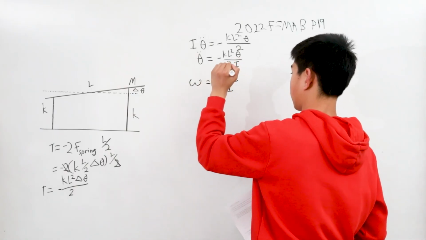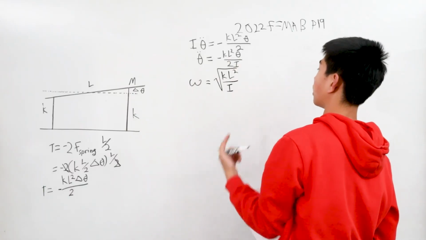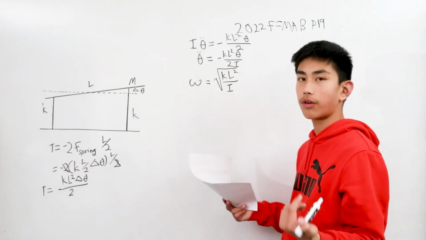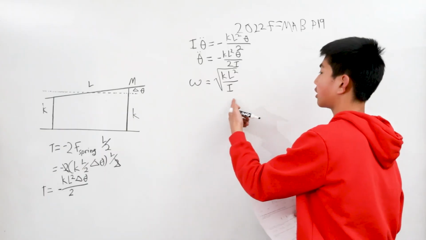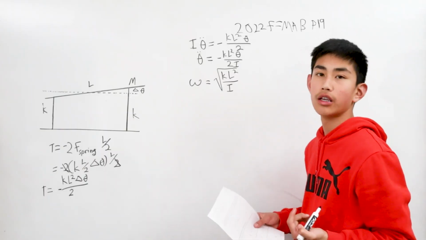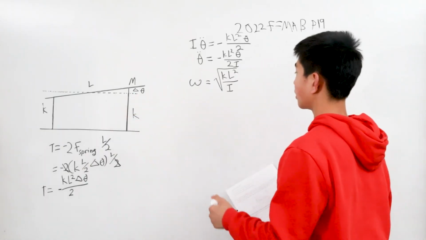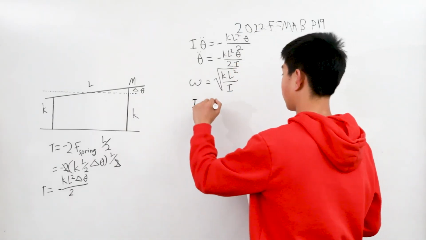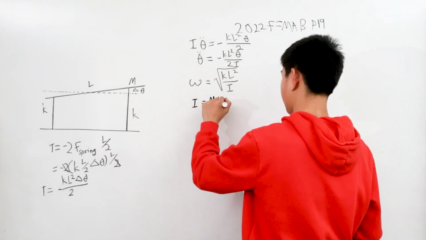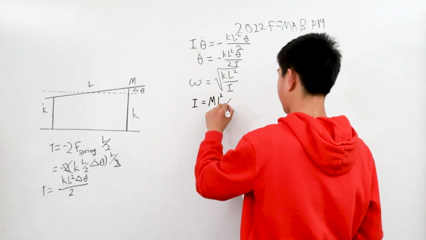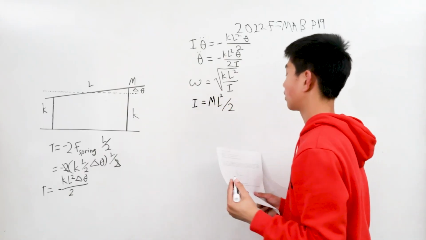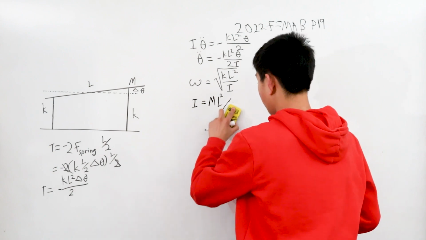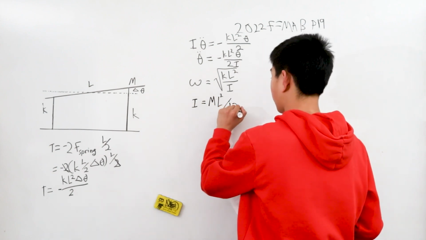This is going to be a lot more complicated to find, but we can substitute a value for I. The inertia of the rod is m times the length squared divided by 12.